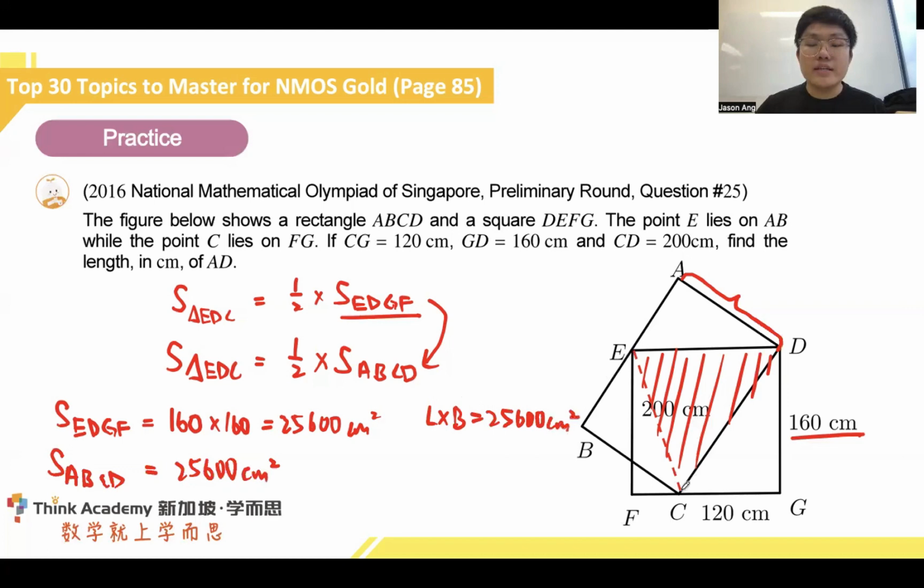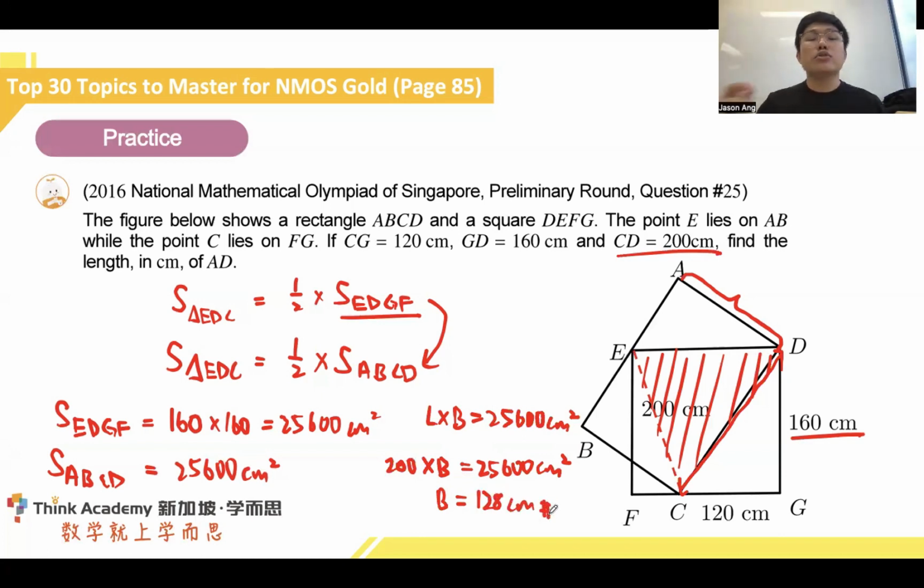And your length is given earlier on. Over here is your CD, as stated, 200 cm. So your length of 200 times your breadth gives us 25600 cm squared. We can find the breadth of the figure just by dividing. Divide by 200, your final answer is 128 cm.